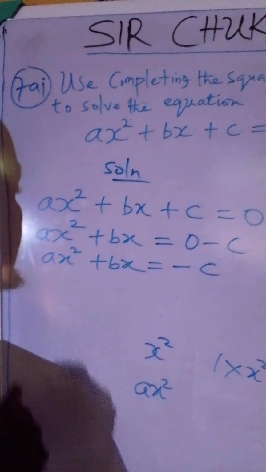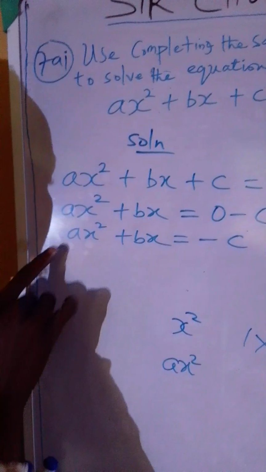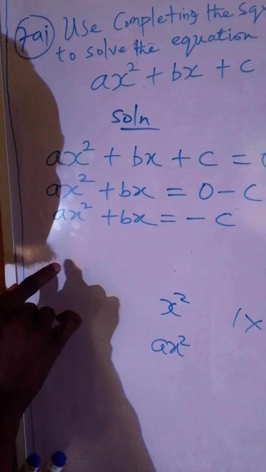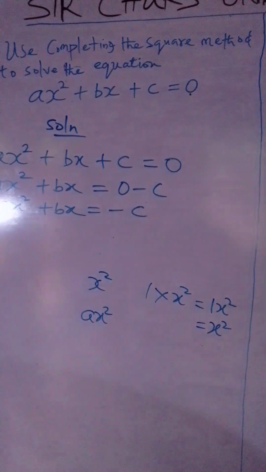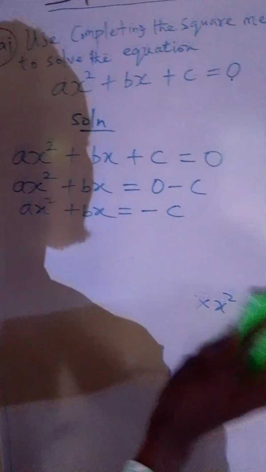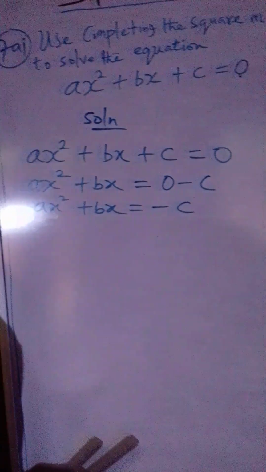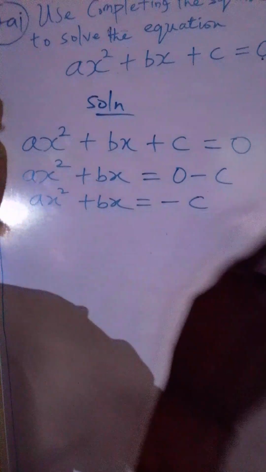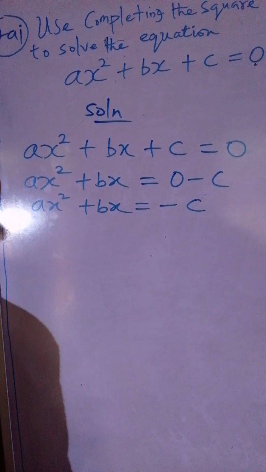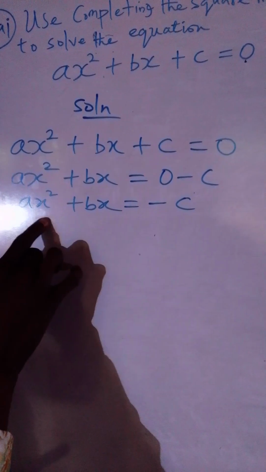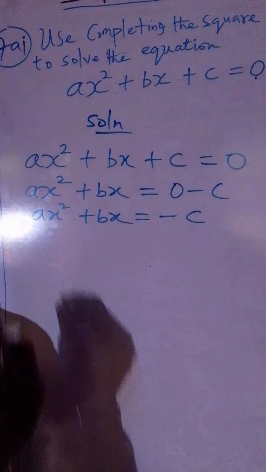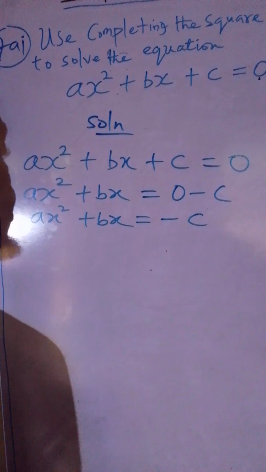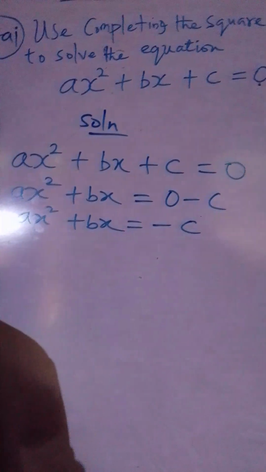So let's go back to this now. Step 2 says the coefficient of x squared must be 1. But looking at what we have here, a is not 1. So what do we do? If the coefficient of x squared is not 1, you divide everything here by the coefficient of x squared given. So I'm going to divide everything here by a in order to make the coefficient of x squared 1.